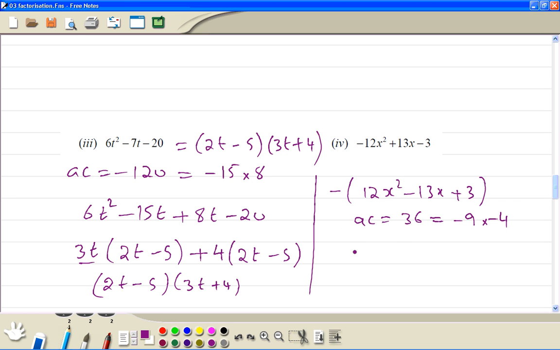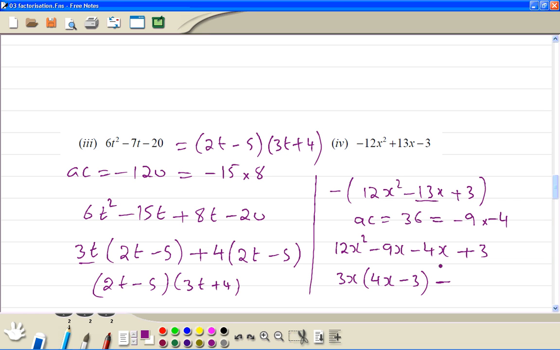So we ignore this minus sign for the time being, so we have 12x squared, split that into two parts, minus 9x minus 4x plus 3. So 3x is a common factor, so we have a 4x minus 3.